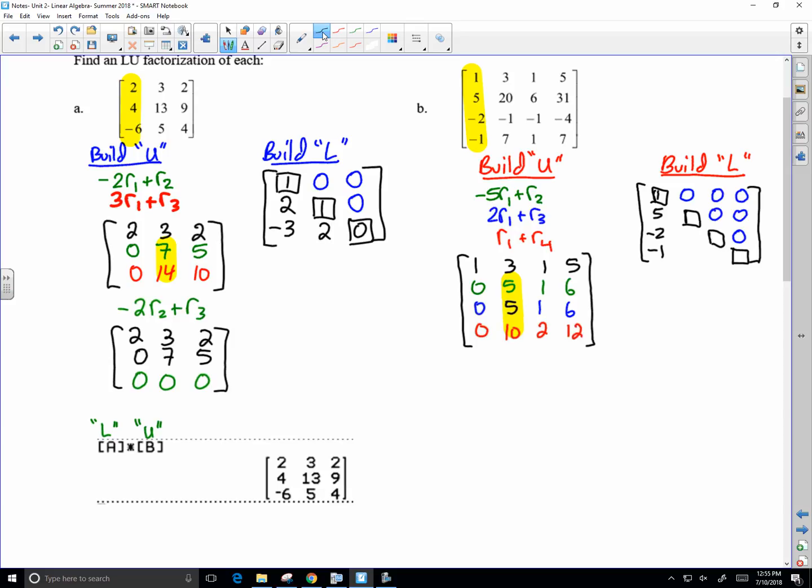Now I have to zero out the entries below row 2, column 2. So the 5 and the 10 have to go away. So negative R2 plus R3. Negative 2R2 plus R4. Then all zeros, right?